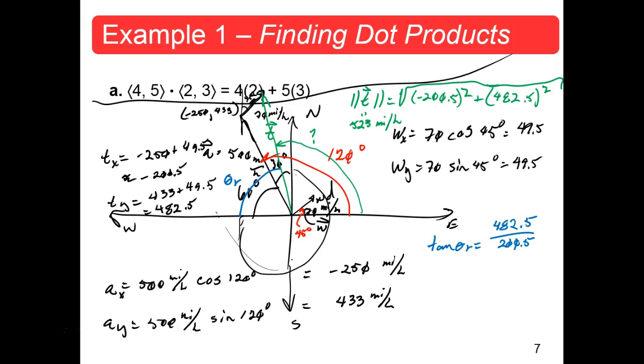Let's just do 482.5 divided by 200.5. Yeah, that sounds right. That's 67. That theta r, the reference angle, is 67. And tell me what that would be. 67 what? Point what? 0.43. Let's just leave it at approximately 67 degrees. All right, I'm happy with that.